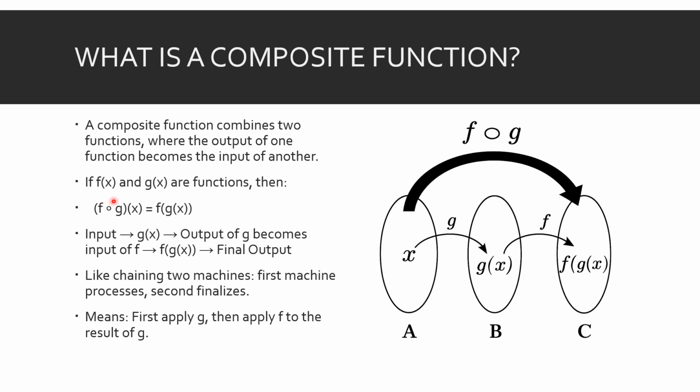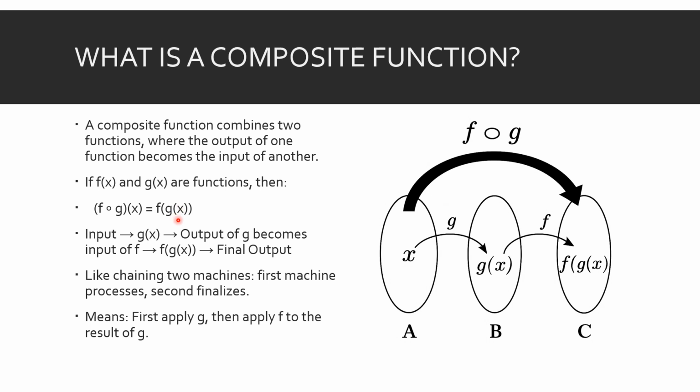If f of x and g of x are functions, then the composite function is denoted in the form f small o g of x, and the meaning is that g of x, which is another function, becomes the input of f of x.